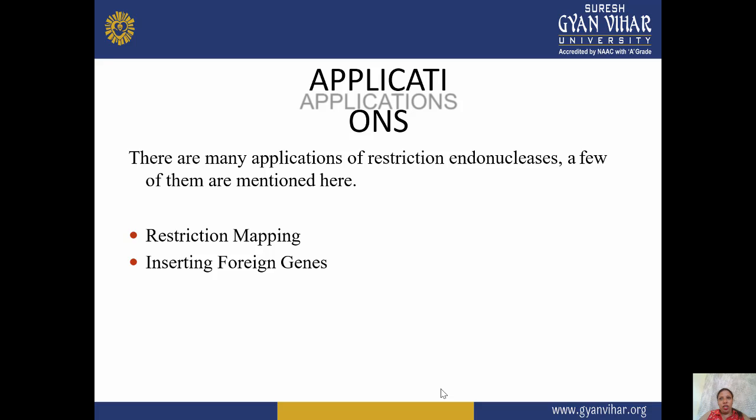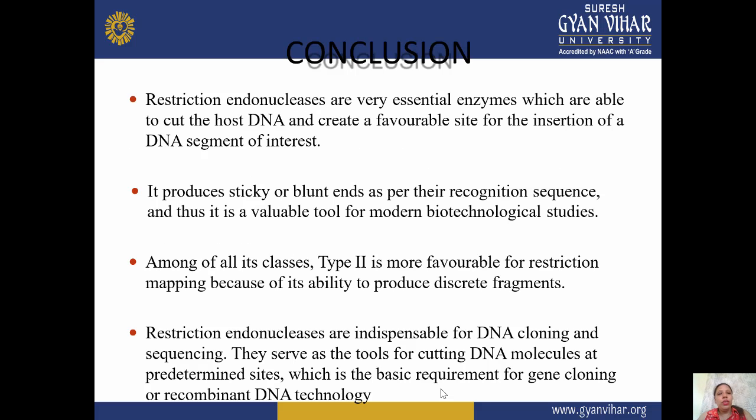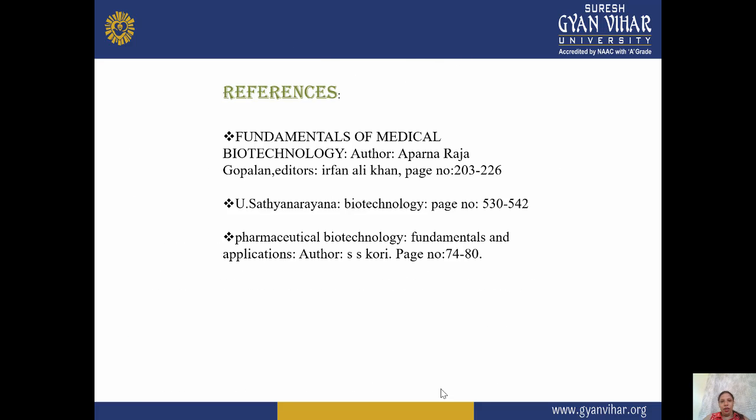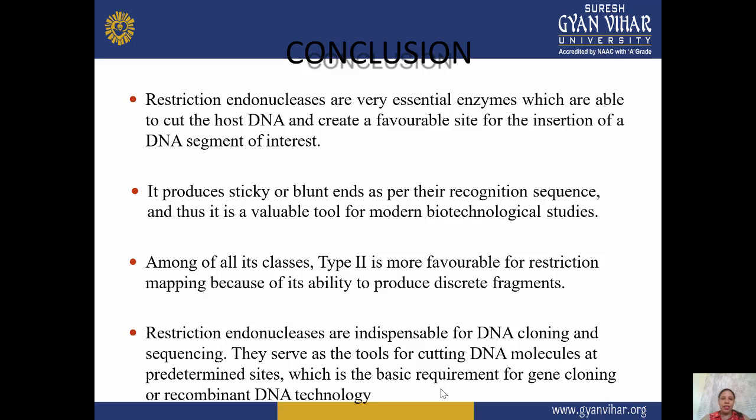In case of DNA recombination, the restriction enzyme is very essential or very useful. Now the conclusion. Restriction endonucleases are very essential enzymes which are able to cut the host DNA and create a favorable site for the insertion of a DNA segment of interest.